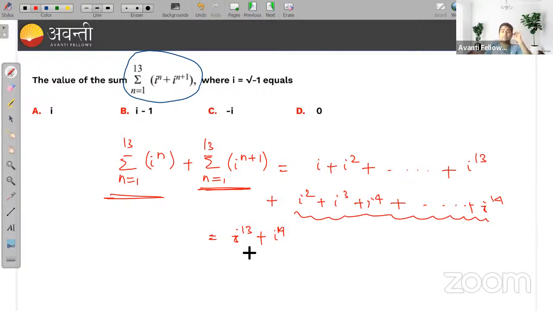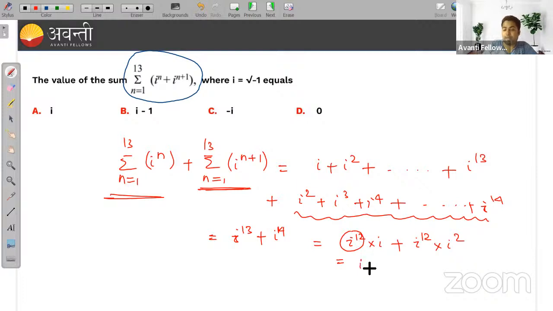So this gives you the value, and we know i to the power 13 can be written as i to the power 12 into i, plus i to the power 14, which can be written as i to the power 12 into i square, right? So 12 is a multiple of 4, then the value of this becomes 1.